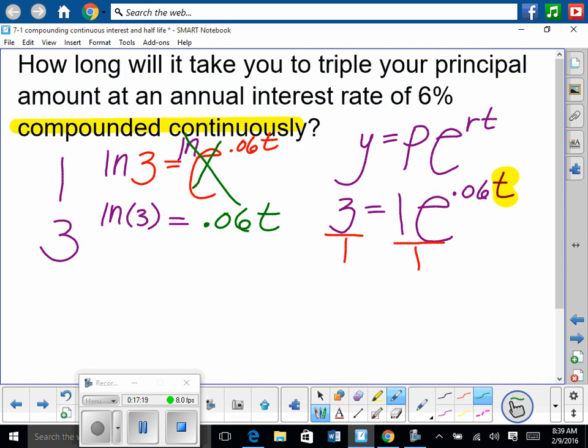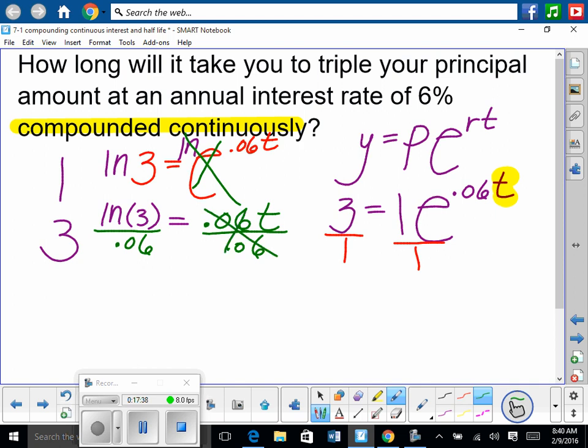They're inverses. Just like addition undoes subtraction, ln undoes E. Now look right here. To get T alone, isn't it multiplied to 0.06? What undoes multiplication? Division. So now we'll divide both sides by 0.06. So now we have T alone.